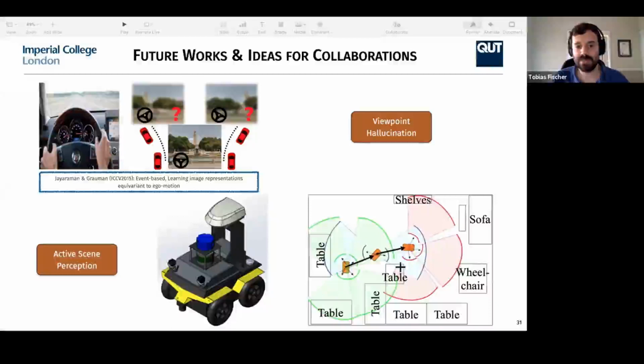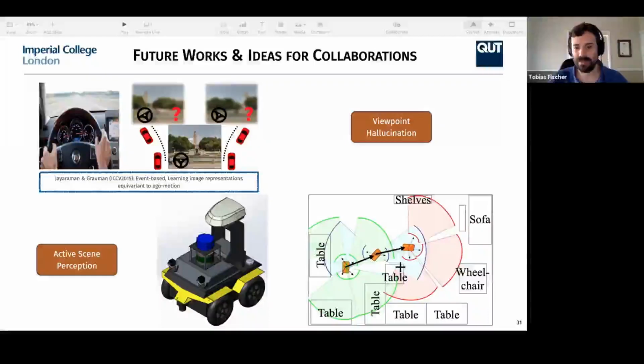The second point is that we are about to receive a ClearPath Jackal robot equipped with really cool sensors. The question is, rather than hallucinating as above, can we actually pick the next best viewpoint and go there, to maximize our chance of getting the correct match for visual place recognition?